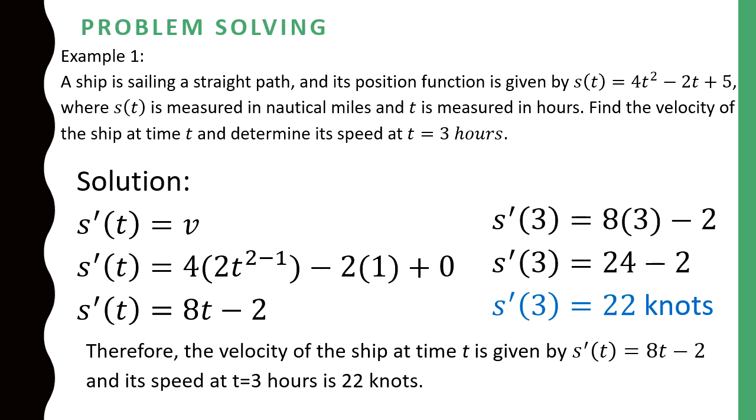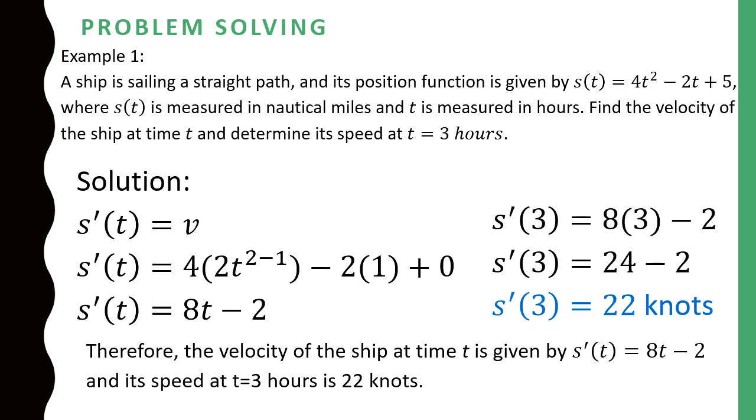Therefore, the velocity of the ship at time t is given by s prime of t equals 8t minus 2, and its speed at 3 hours is 22 knots. So again, let's make a recap to solve this problem. First, we get the derivative of the position function, and second, we substitute our given time in the variable t using our function for velocity, which is the derivative of the position function.